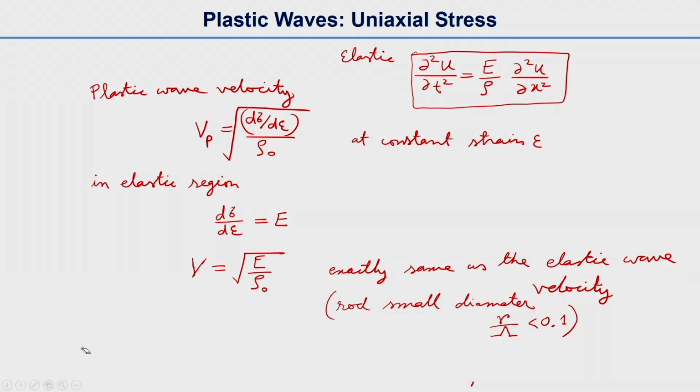Let us say V elastic for unbounded is equal to the V elastic of the finite body, whatever we got for, let us say, a rod, times 1.16.